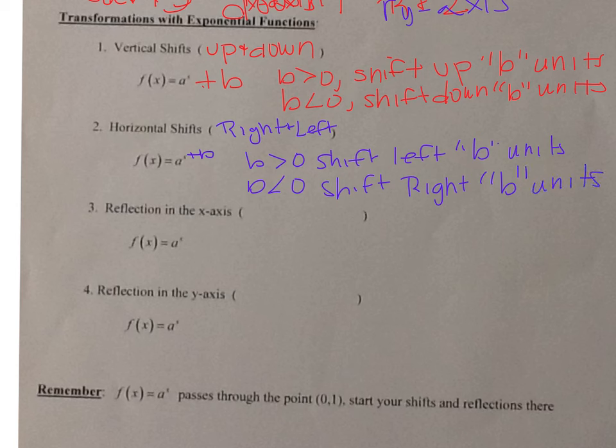All right, a reflection over the x-axis. Remember, when you reflect over the x-axis, you negate y. Remember, (x, y) becomes (x, negative y). So you're changing your y value to its opposite. So f of x is equal to a to the x. That would become f of x equals negative a to the x power.